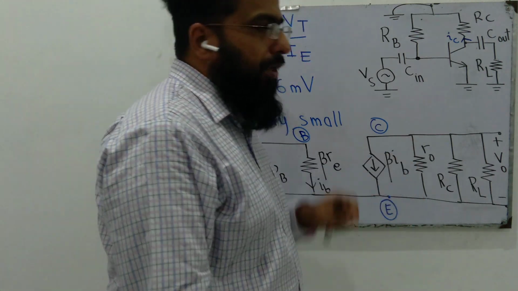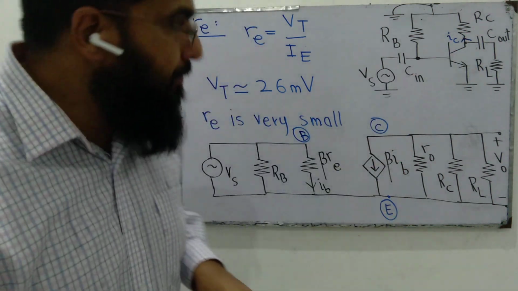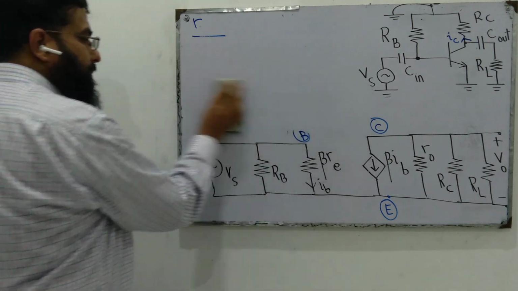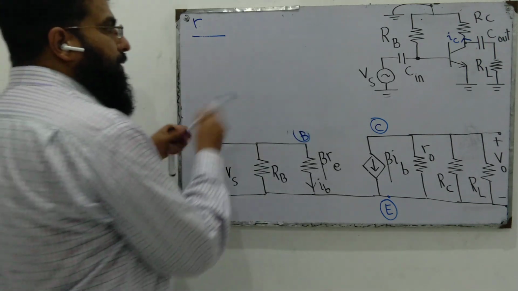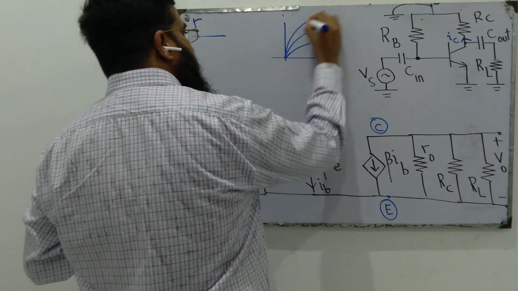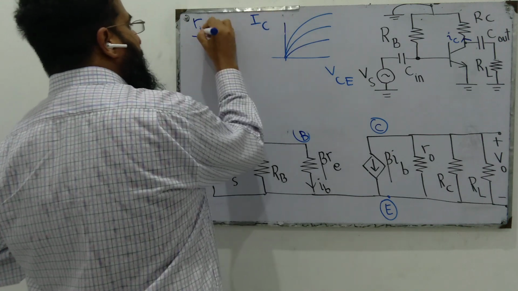We already know that the IC current is beta times the base current. We have a resistor R0. R0 is the collector to ground resistor. R0 is computed from the output characteristics of the transistor. We have studied output characteristics in our earlier lectures.